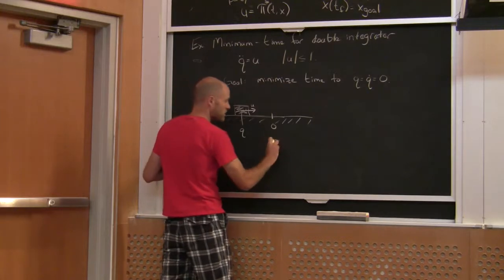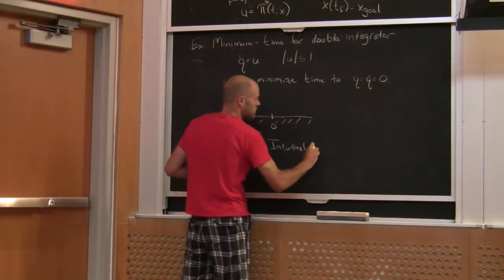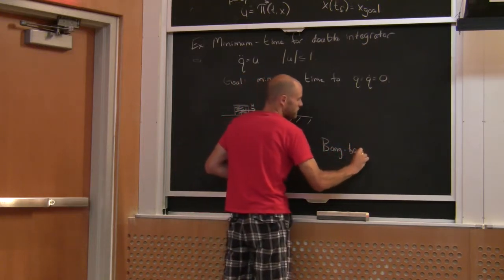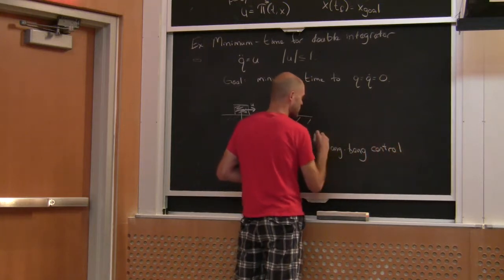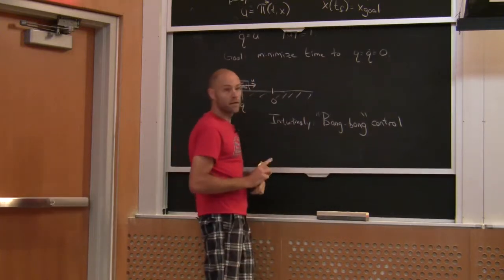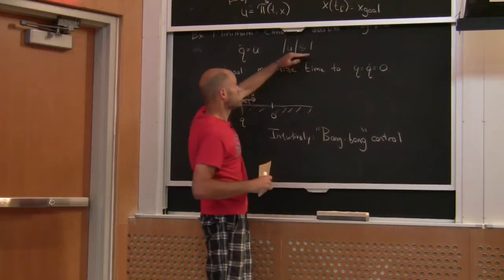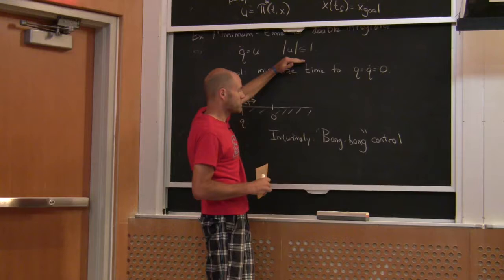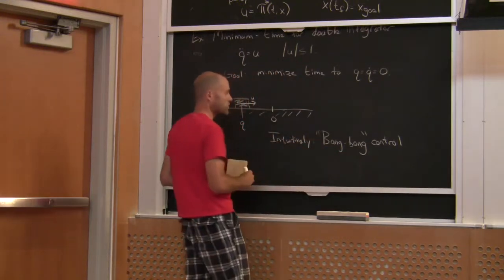So intuitively, something called bang-bang control feels optimal. That's a real technical term, by the way. That's bang-bang control. In fact, it's often what you get in optimal control when you have input limits as your only constraint. If there's no objective on you other than the constraints, you'll often find bang-bang control as being the optimal controller.